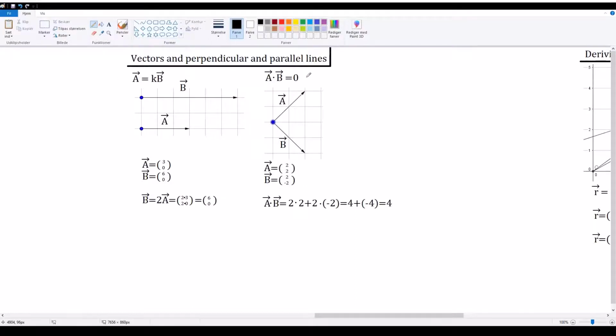Vectors are only perpendicular if the two vectors multiplied together, the dot product, equals 0. Here, for example, vector A times vector B gives 2 times 2 plus 2 times negative 2, which equals 4 plus negative 4, which equals 0.